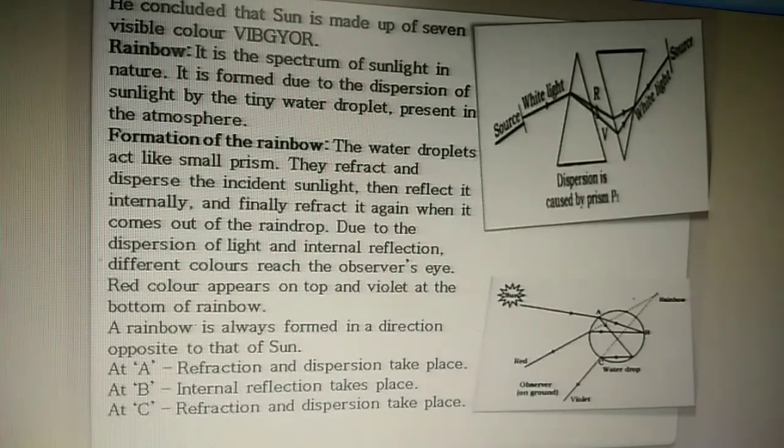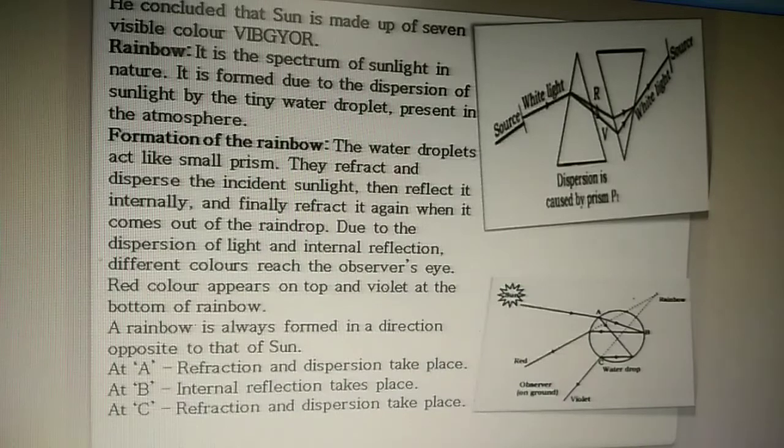Water droplets in the atmosphere act as small prisms. So how is this rainbow formed? The water droplet acts like a small prism and they refract and disperse the incident sunlight, then reflect it internally. Total internal reflection takes place and finally it refracts again when it comes out of the raindrop.